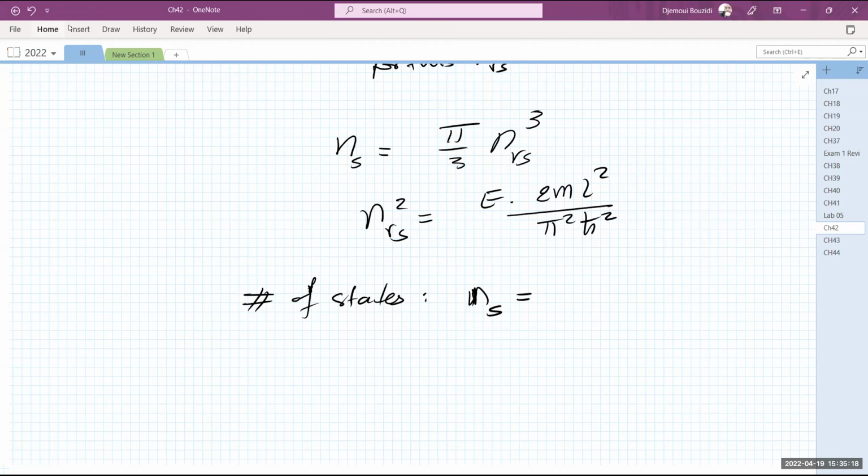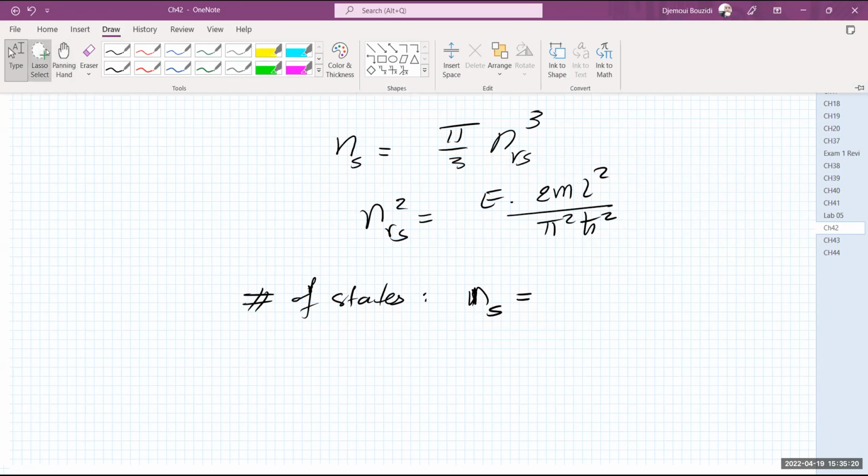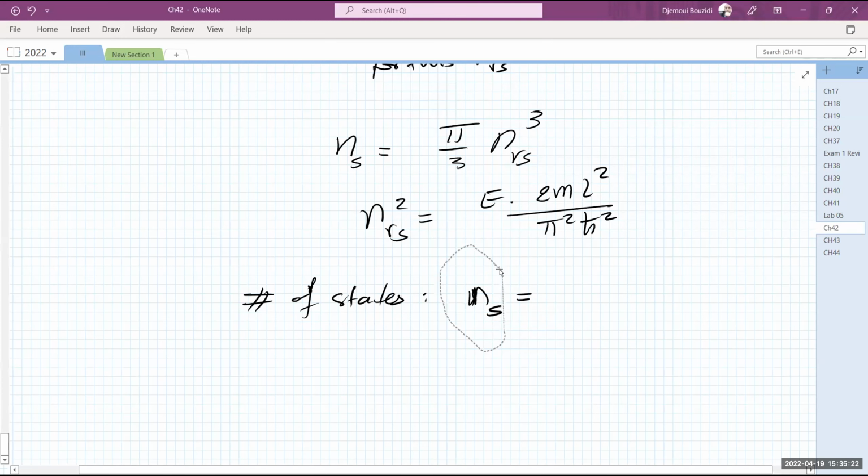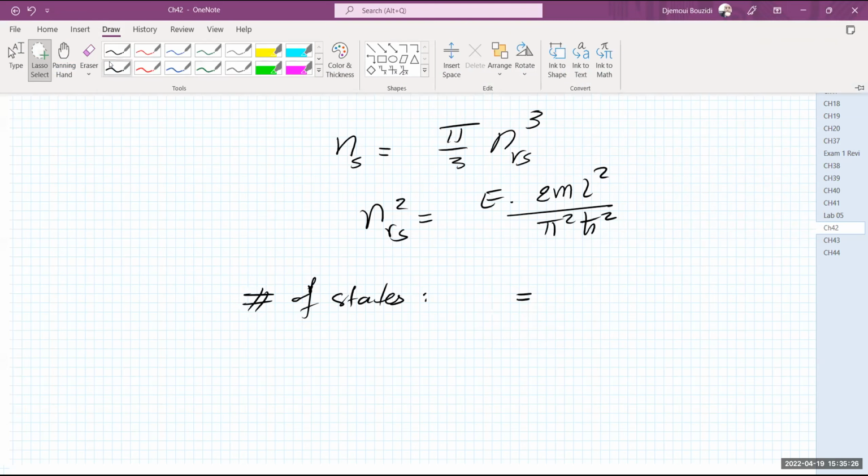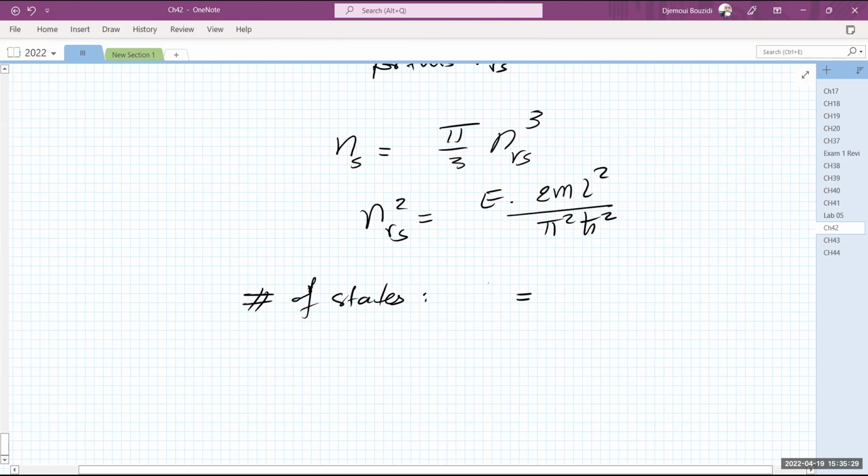It starts to become a little bit out of hand. Okay. So it's NS, the number of states, is going to be equal to pi over 3, we need that, times this number, take its square root and cube it.